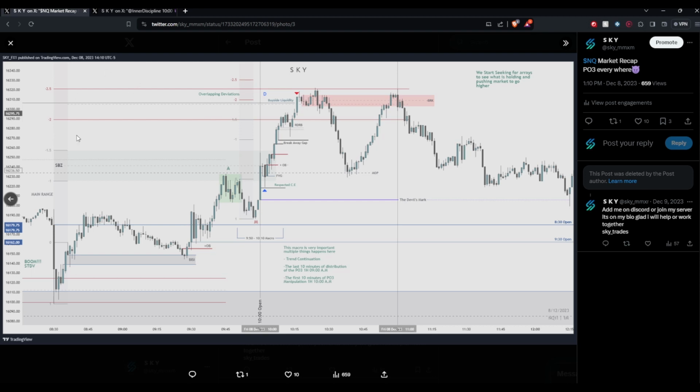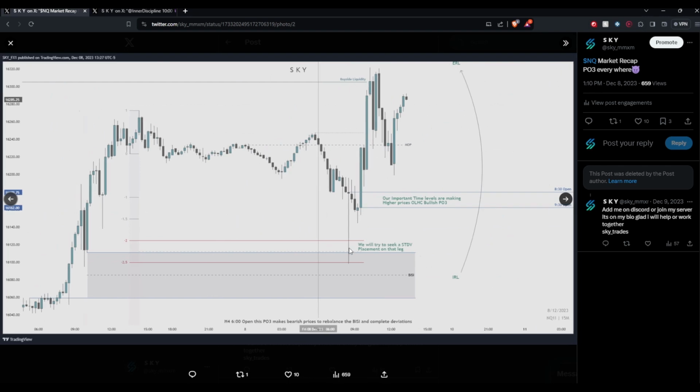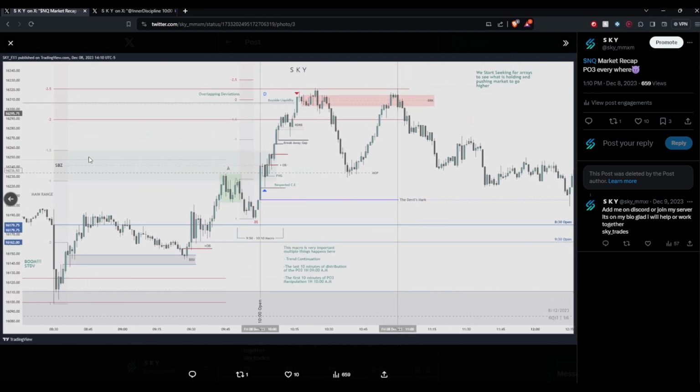And we have our overlapping standard deviations of our higher time frame, our main range. When you have overlapping standard deviations, you have standard deviations inside the standard deviations, and your range decreases to be more precise on where price might stop out.